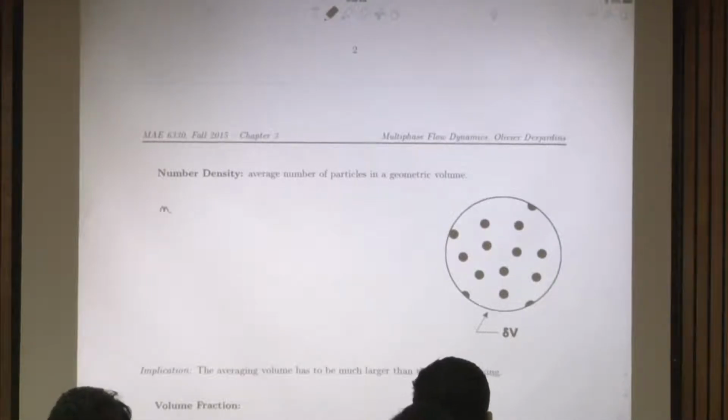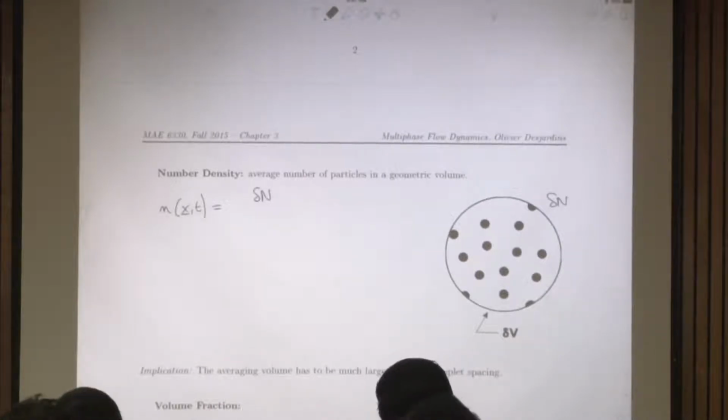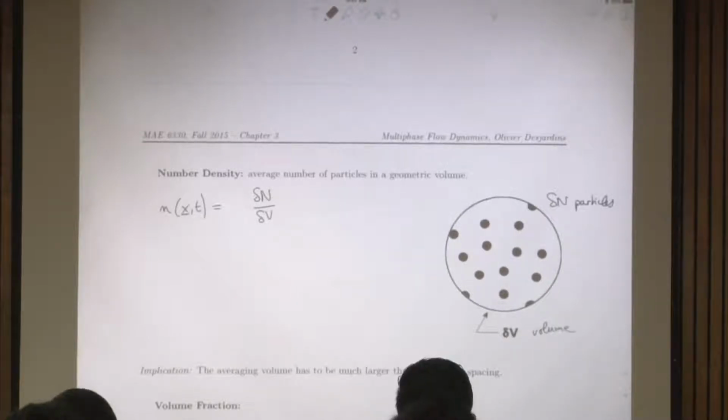That gives me an n, number density, a function of space and time, which would be, well, an effective number delta n of particles divided by an effective volume size delta V volume right here.